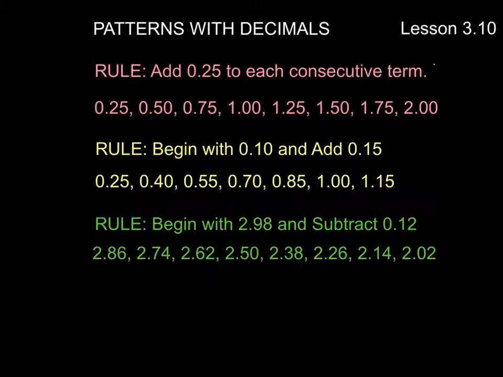When we subtract 12 hundredths, again, we get 2 74 hundredths, 2 62 hundredths, 2 50 hundredths, 2 38 hundredths, 2 26 hundredths, 2 14 hundredths, and 2 2 hundredths.